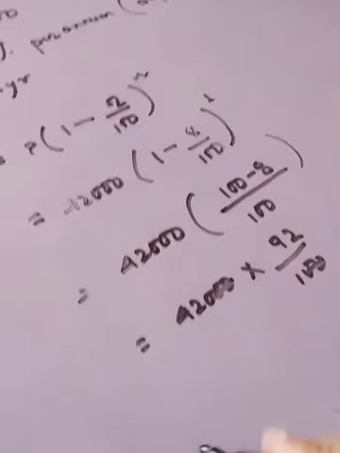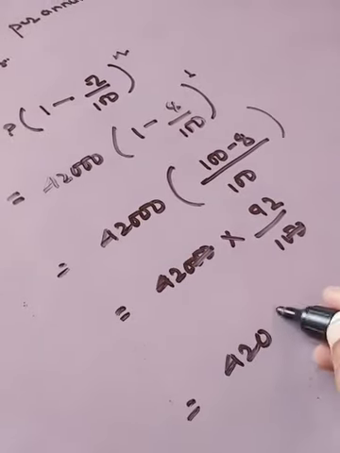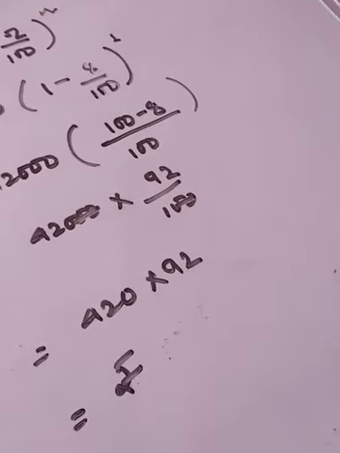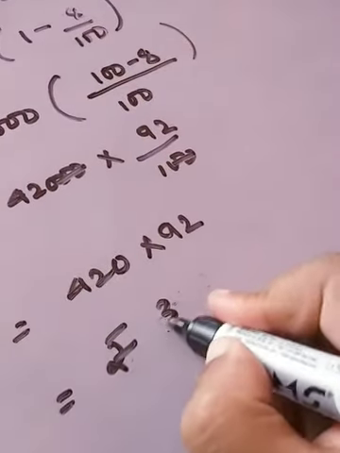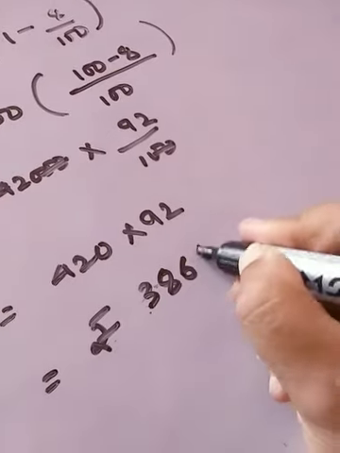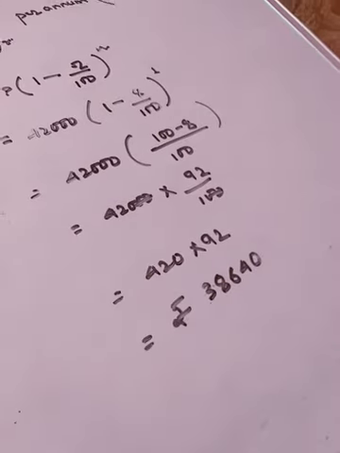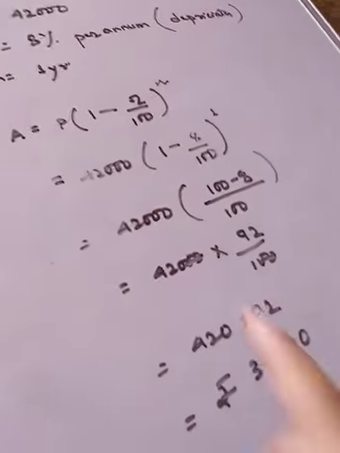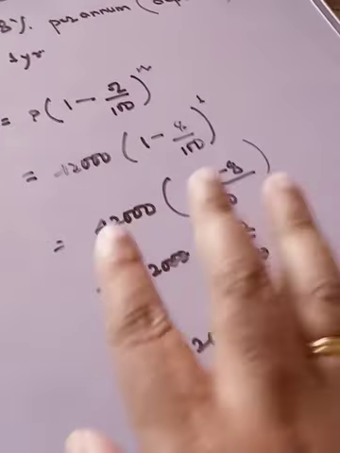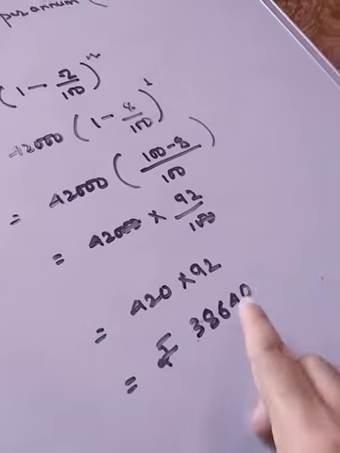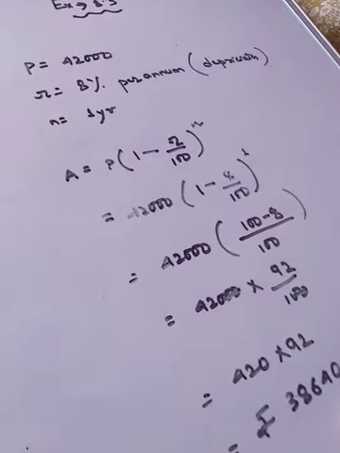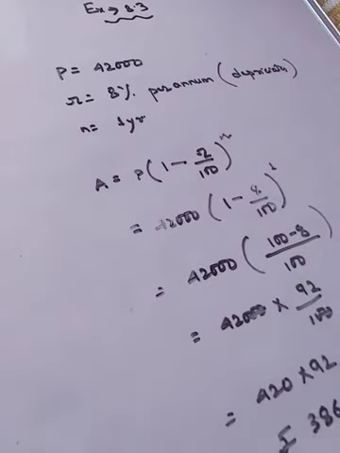Now reduce these two zeros, so just multiply by 92. The answer would be 38,640. Because the price of the scooter is depreciating, after 1 year if he has to sell it, he has to sell it at this price, that is 38,640. So this sum is also very important.